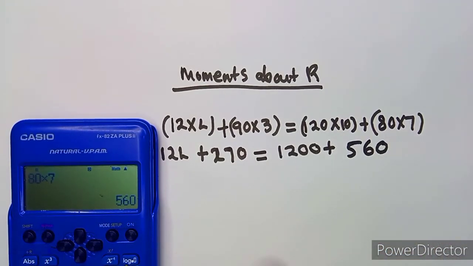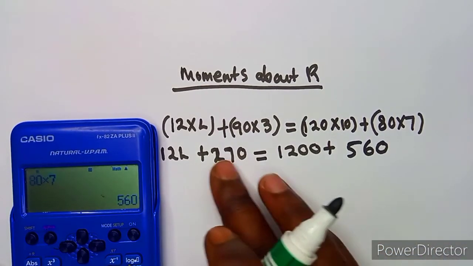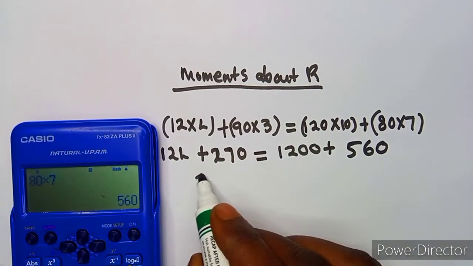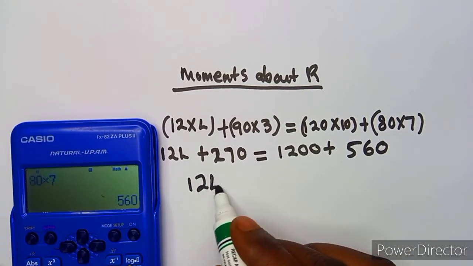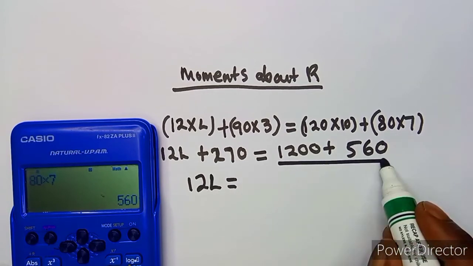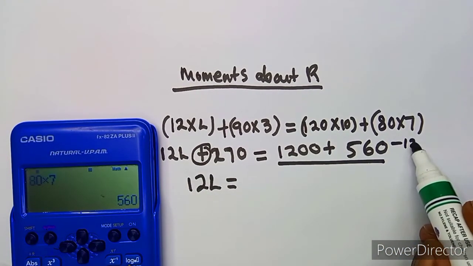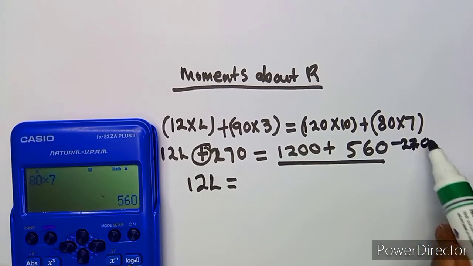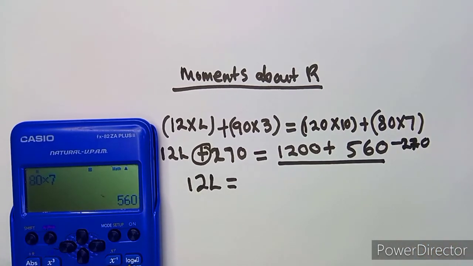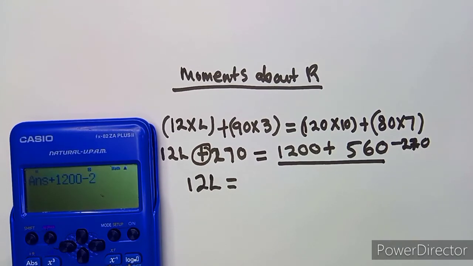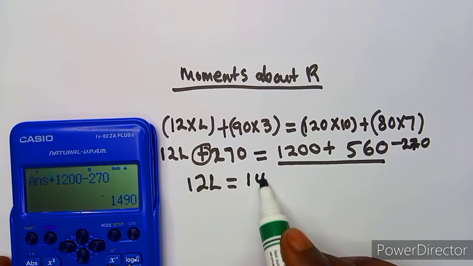So this time, take note, we have to transpose the 270 to this side. So it's going to be 12L, which is equal to, you add these two. Then since this is a plus, when transposed it is going to be subtracted. So it's 560 plus 1200, then we subtract 270. In this case, we're going to obtain 1490.